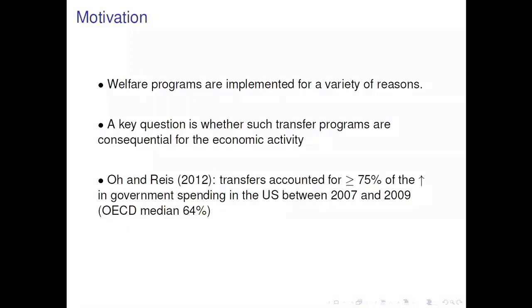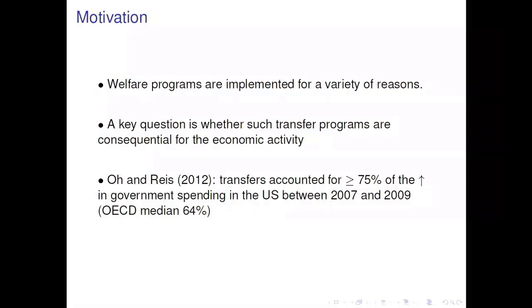So what's the motivation of this analysis? Well, the idea is that if you look at welfare programs, not just in India, but generally in developing economies, they're implemented for a variety of reasons. It can be because you want to handle underemployment. It can be because you want to subsidize some basic investment goods. It can be just cash transfers.